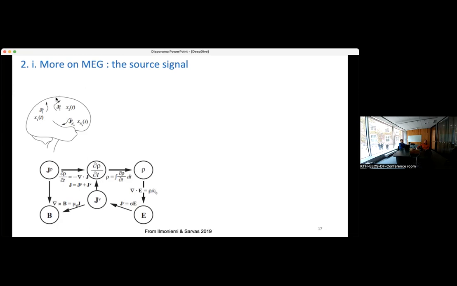The model is basically what you see here. These are some charges that move, and you model them as dipoles that create currents, and at the end what you measure is this Y, which is just the sum of these currents, and of course you have to add some noise, which is theta here.